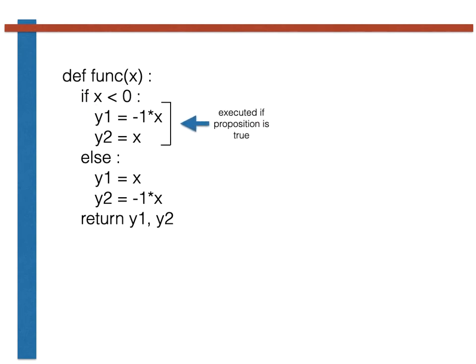In this case, these two lines are thus executed if the proposition is true. By contrast, these two lines are executed if the proposition is false. Once again, it is those indented lines that appear after the else that are executed if the proposition is false.